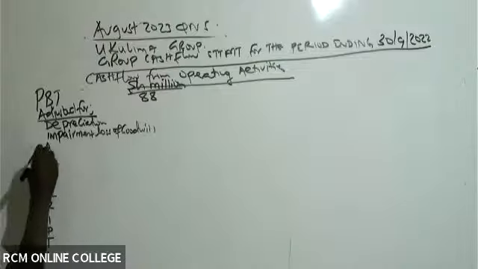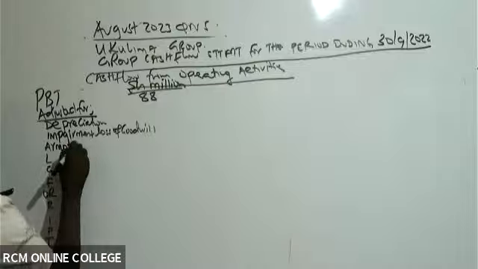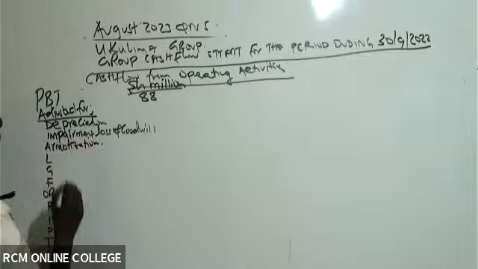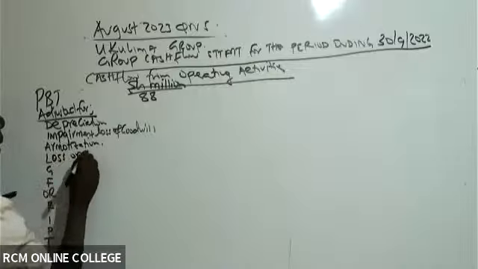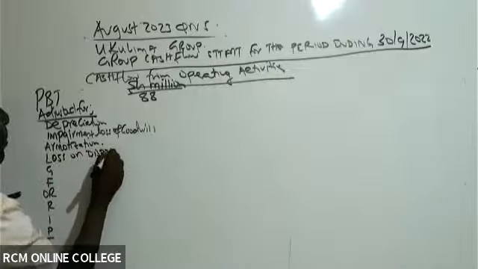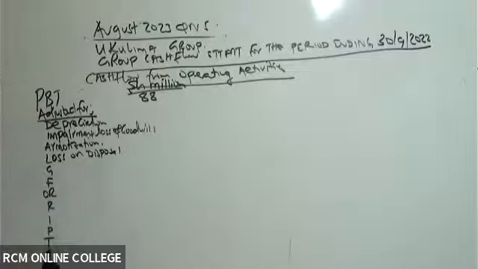We have amortization here. Here we have loss on disposal. Anything you dispose, it could be a PPE item, or it could be a subsidiary you have disposed of and you made a loss. So loss on disposal.